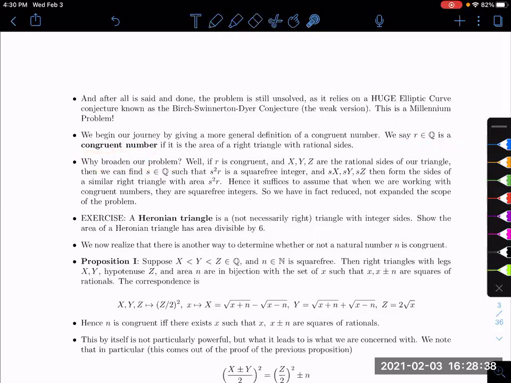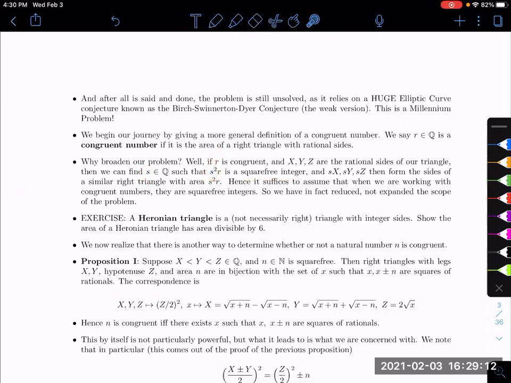Here's why. Let's say I have a congruent rational number r, and let's say the sides of the right triangle are x, y, z. What you can do, for any rational number, is locate another rational number s, such that when you do s squared times r, you get a square-free integer. You're basically canceling the denominator and removing the square part at the same time by multiplying by a suitable rational number.